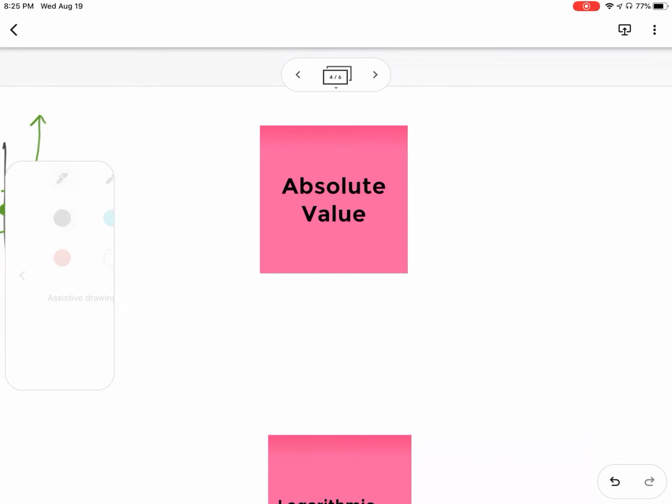Absolute value function, y equals absolute value of x. Just a reminder, anything in the absolute values, these are called absolute value symbols. Anything in there turns positive.